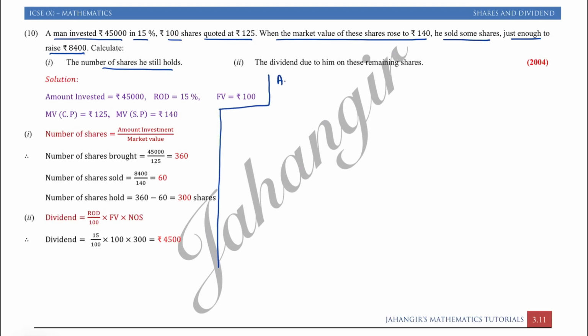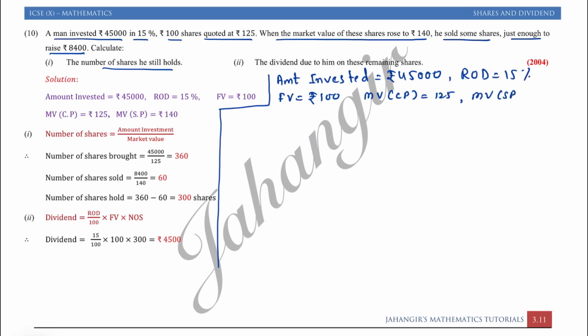So first we will write, amount invested is rupees 45,000 in ROD 15%, face value rupees 100, quoted at market value at the time of buying 125. At the time of selling, market value was rupees 140. So he sold some shares just enough to raise 8,400 rupees.